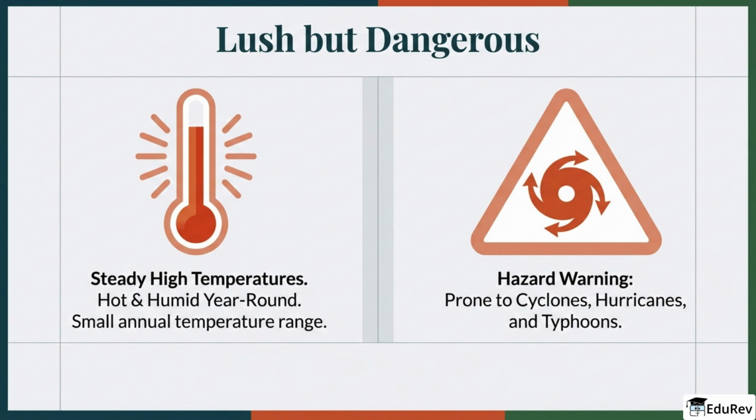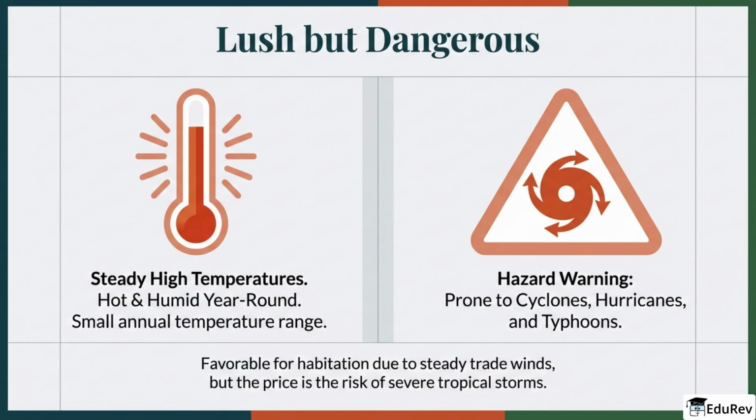These are regionally different names for the same tropical storm system. So the climate is favorable for habitation because the trade winds are steady and moisture is reliable. But the cost is severe tropical storm risk. That is why this belt is productive and dangerous at the same time.